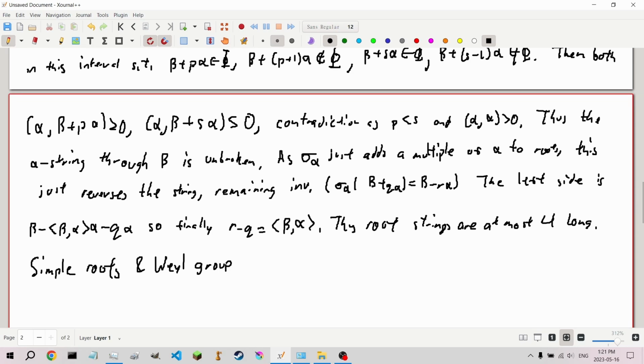Our first topic in this being bases and Weyl chambers.